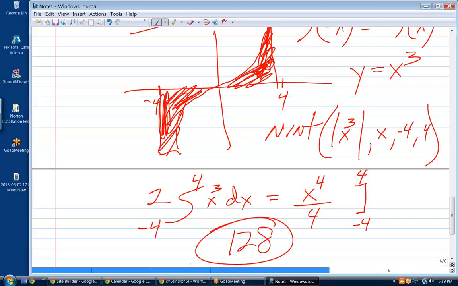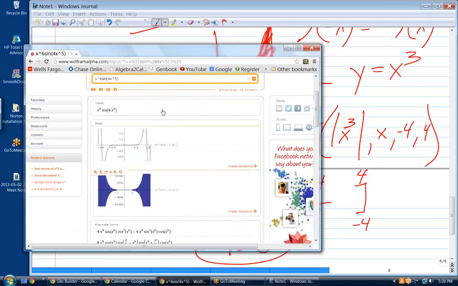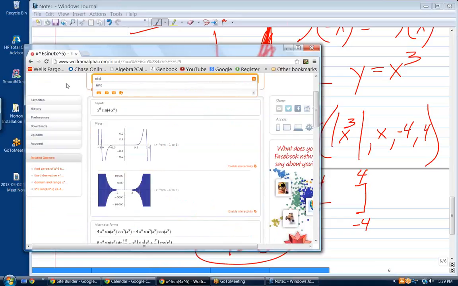I should be able to do that on Wolfram Alpha also. So that's just figuring out the area regardless.